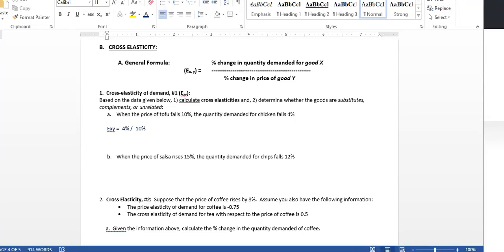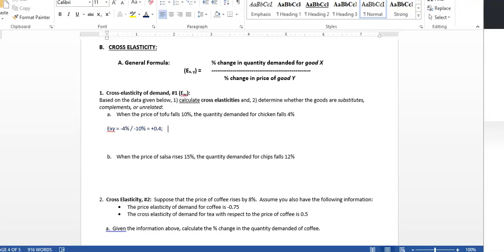So price of good Y and quantity of good X move in the same direction. They both fall. So first off, let's calculate our cross-elasticity. Negative divided by negative is a positive, and it's 0.4. There's our answer. So what does that mean?